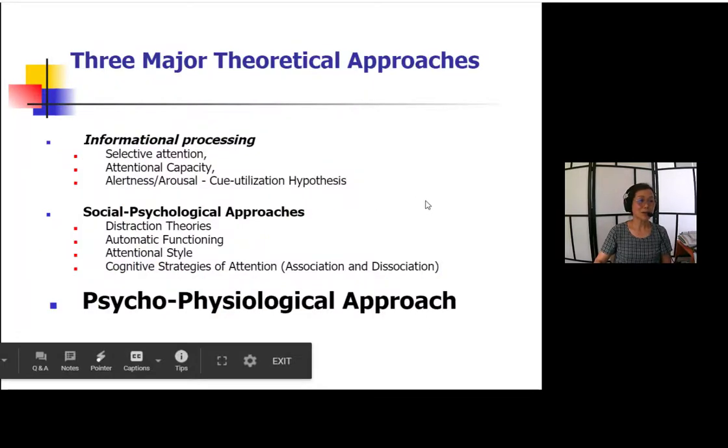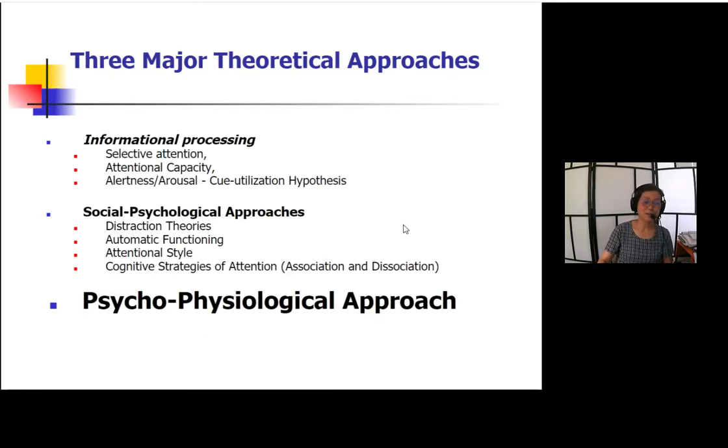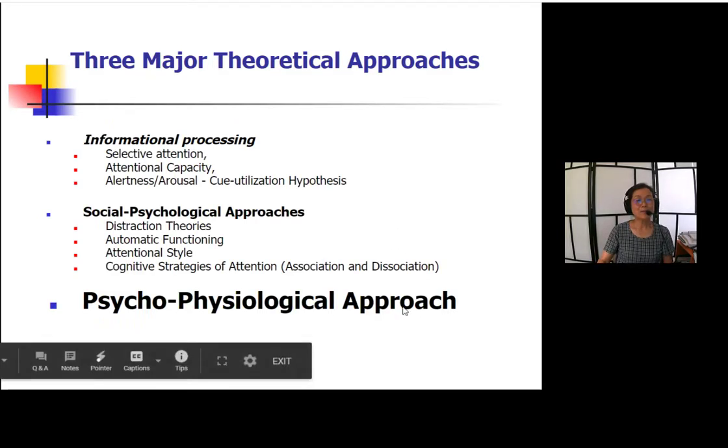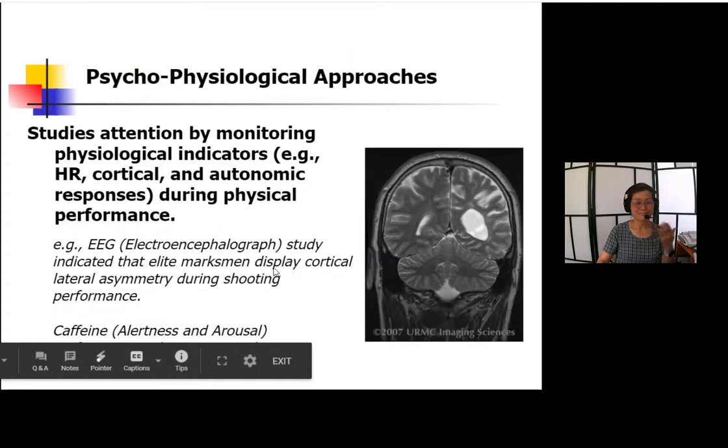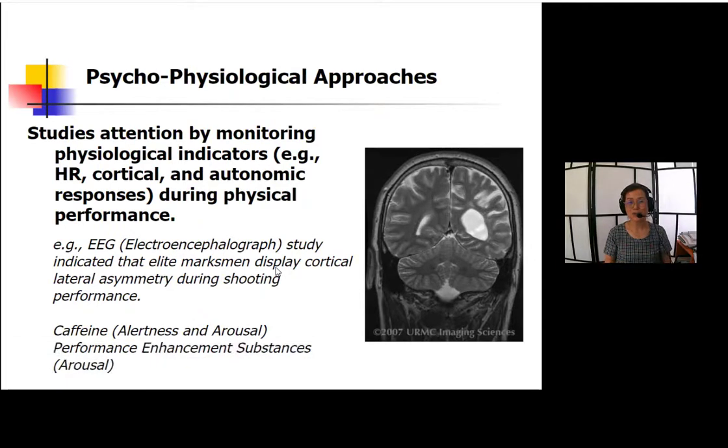So I covered the information processing approach, the first approach, and the second approach, social psychological approaches. Now, the psychophysiological approach. Nothing to do with your thinking, worries, or how much information you could hold.